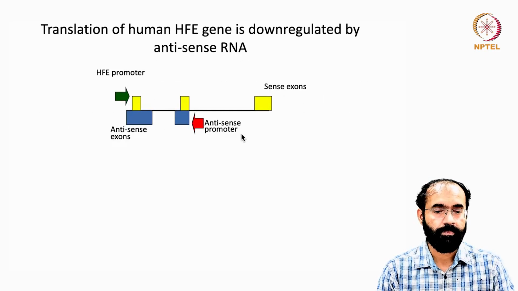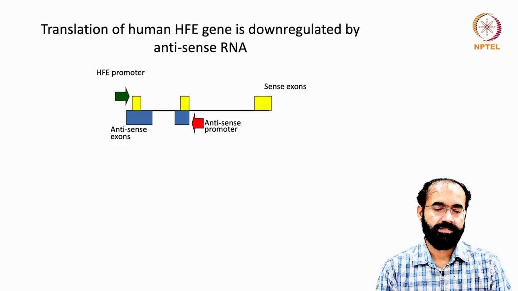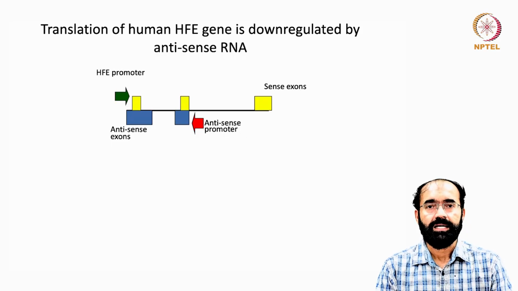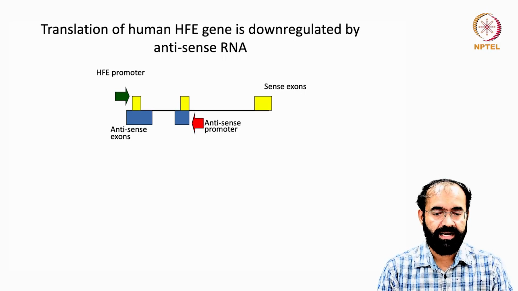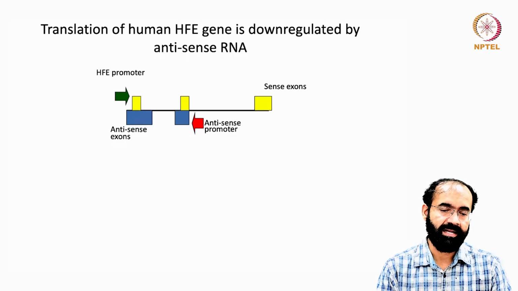So let us see an example of how translation of the human HFE gene is downregulated by antisense RNA.